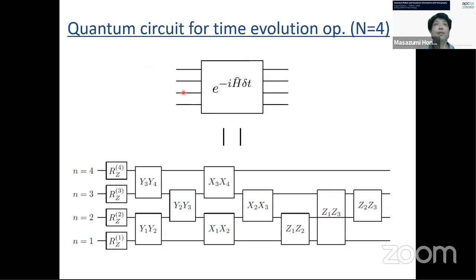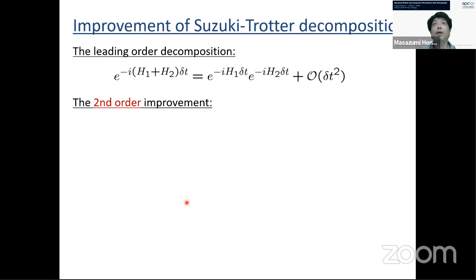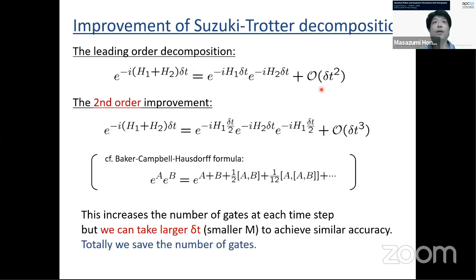And this is a quantum circuit for the time evolution operator for the 4-site system. And there is also an improvement of Suzuki-Trotter decomposition. So far I have considered leading order decomposition, and using the Baker-Campbell-Hausdorff formula we can prove this one, but we can improve this order by considering a bit more complicated combination.